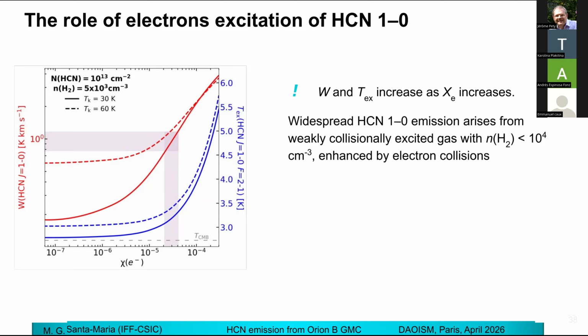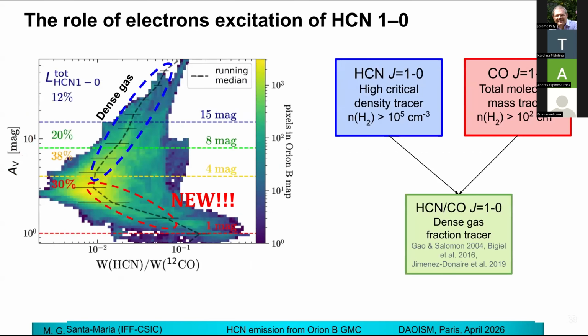So the widespread HCN emission arises from weakly collisionally excited gas at densities lower than 10 to the 4 centimeters to the minus 3, and this is due to an enhancement by collisional rates, by electron collision, sorry.